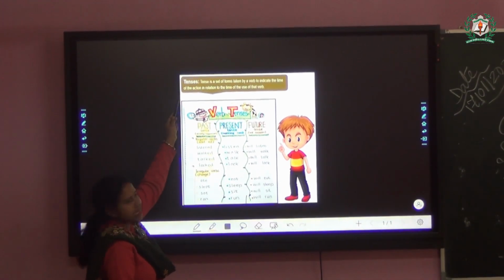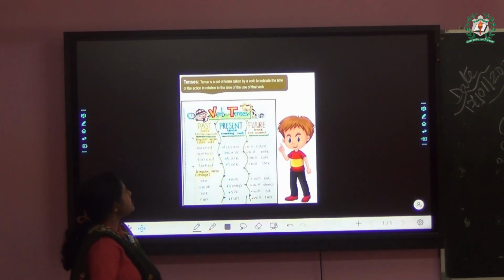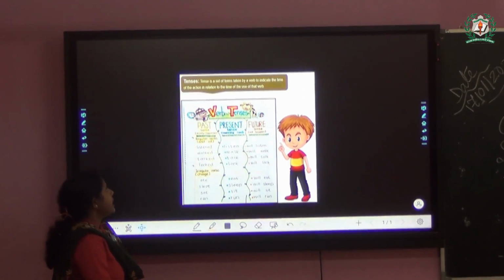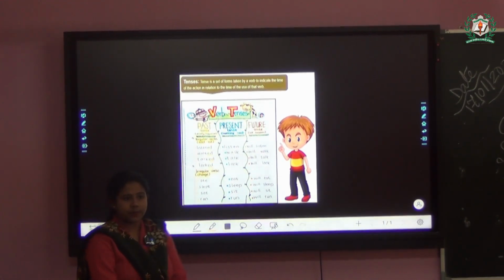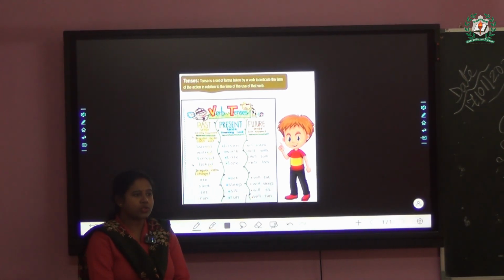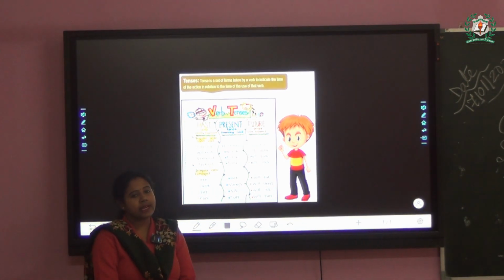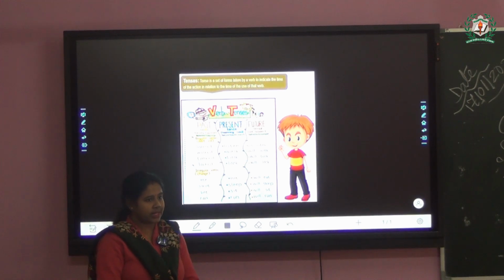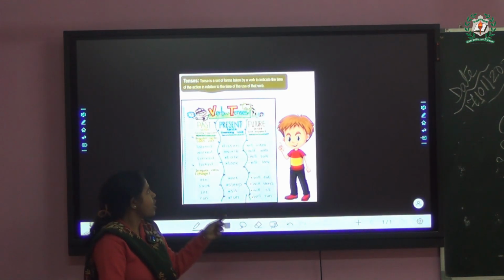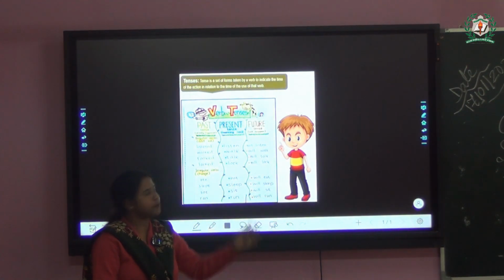So, tenses, as I already told you, tense is a set of forms taken by a verb to indicate the time of the action in relation to the time of the use of that verb. So, tense is nothing but it tells about when the verb is happening, whether it is taking part in the past, whether it is of present, or whether we are going to deal with the future.